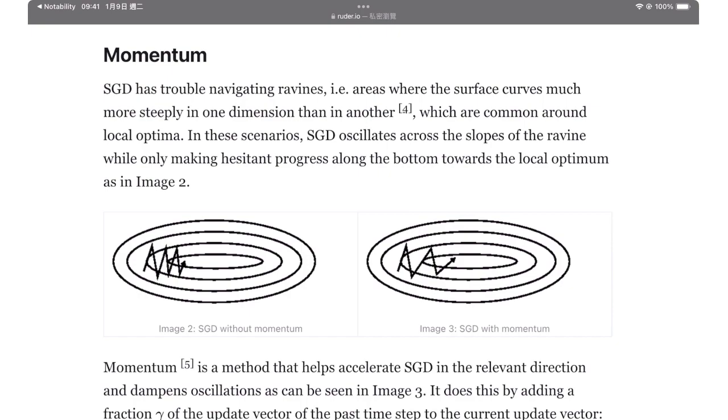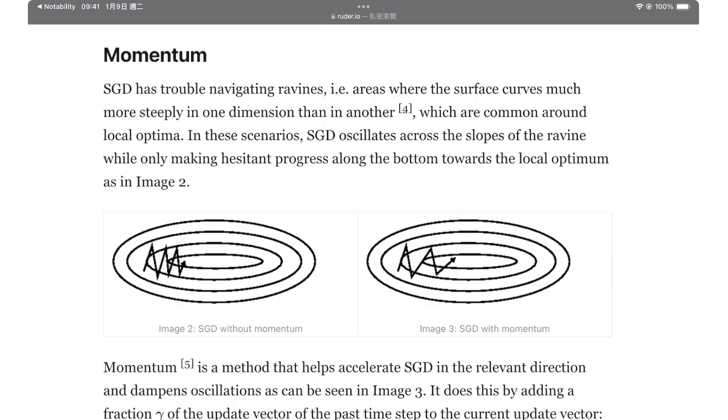So sometimes the direction is to the larger y, sometimes the direction is to the smaller y. But from the perspective of x axis, you can see that it always goes to the right hand side, right?